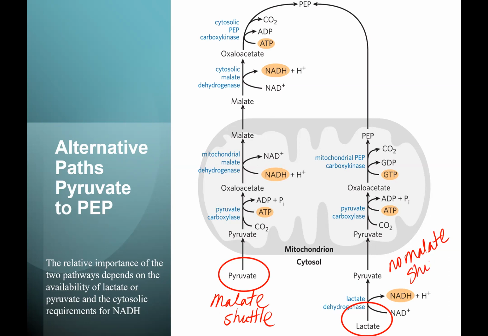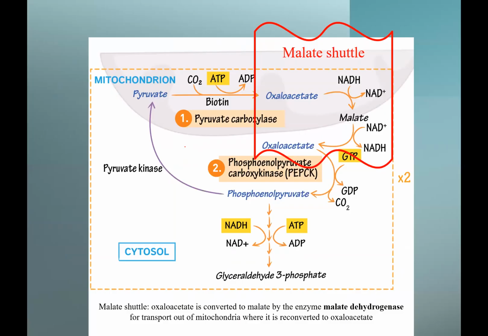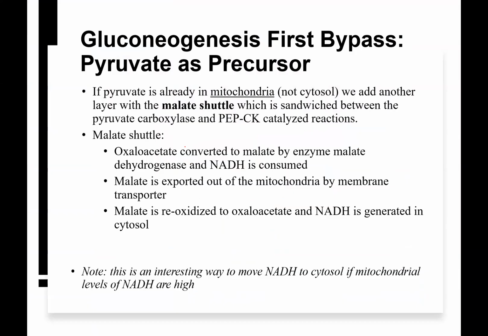Now, you don't know what the malate shuttle is yet, but in the case where we have a malate shuttle, there is a reaction that is sandwiched between this and this, okay? And it's called the malate shuttle. This is a lot, but we'll get through it.